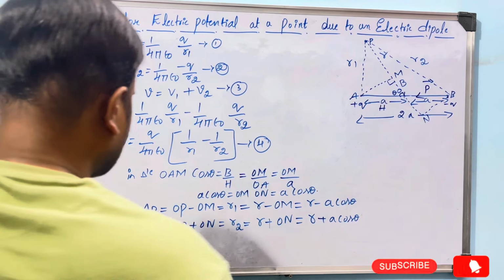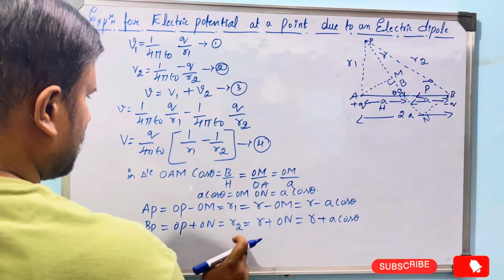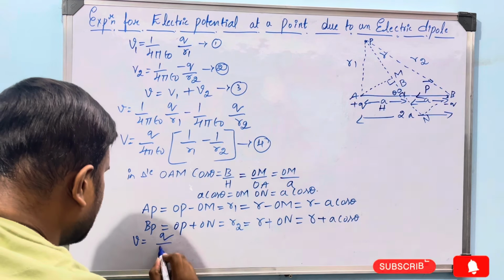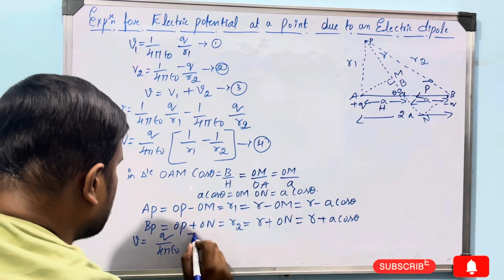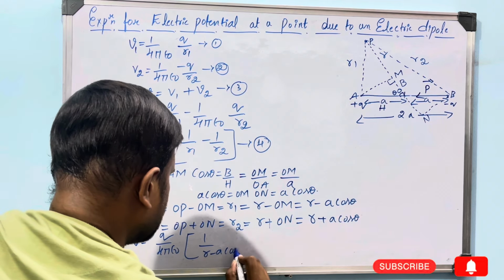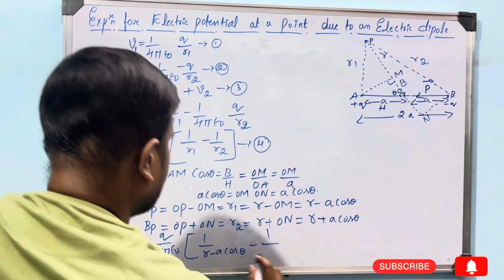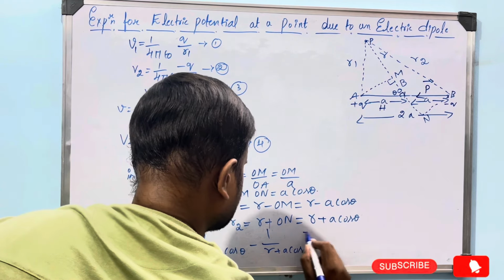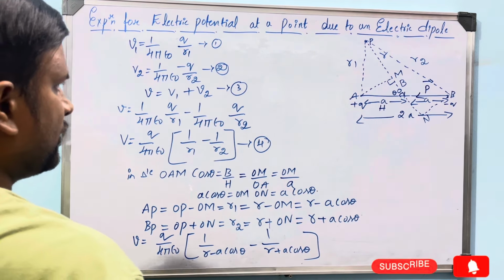Okay, so now substitute this R1 and R2 in this equation. So we will get V is equal to Q divided by 4 pi epsilon naught, into 1 divided by R minus A cos theta, minus 1 divided by R plus A cos theta.